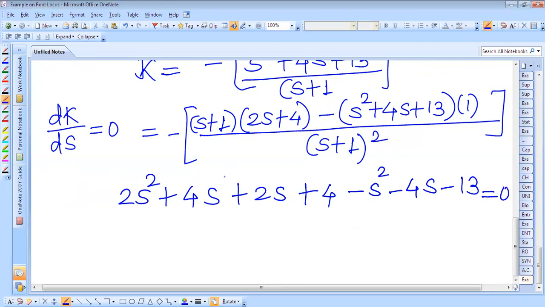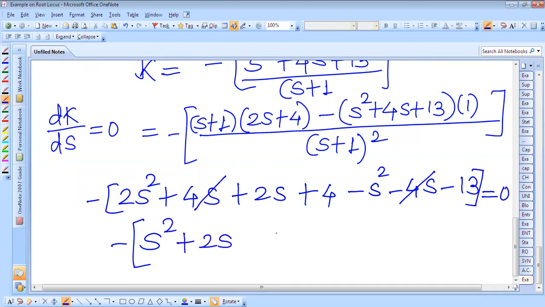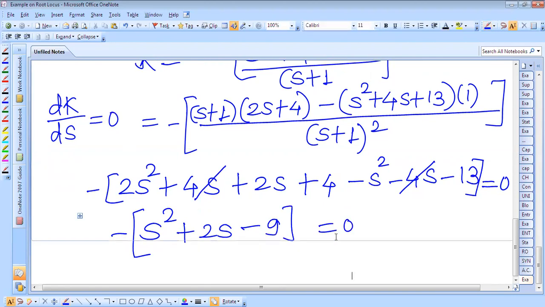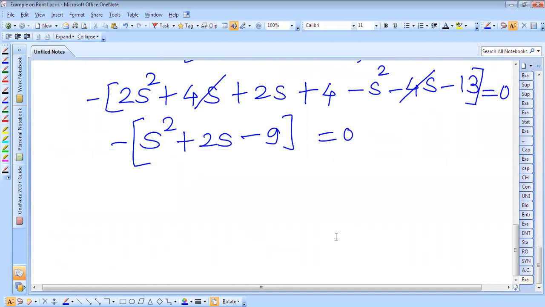Okay, so this 4s will cancel, what will remain? s square plus 2s minus 9 is equal to 0, and therefore we have to find the roots of this equation.